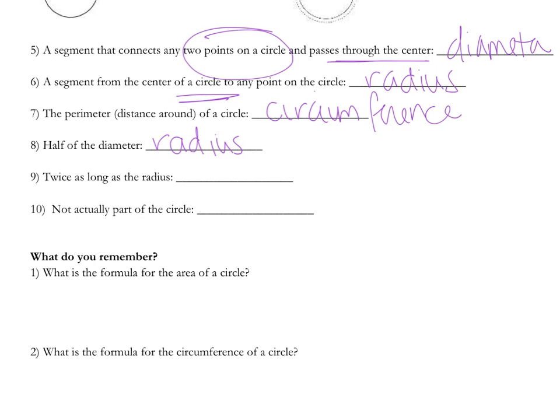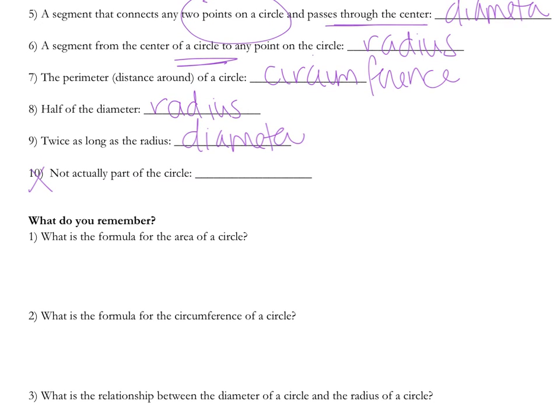Going in the reverse direction, twice as long as the radius would be the diameter. Now we're going to skip number 10. It's really important that you know the parts of the circle because we're going to be using them in our proofs.